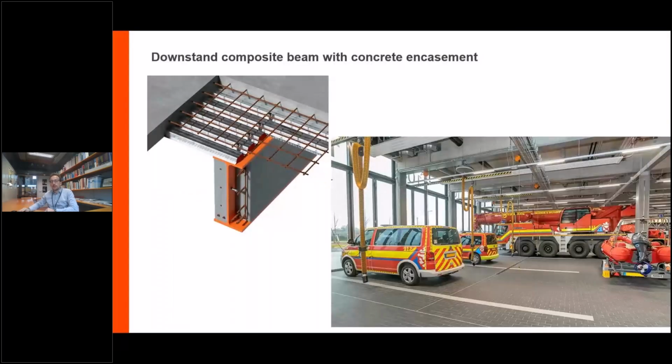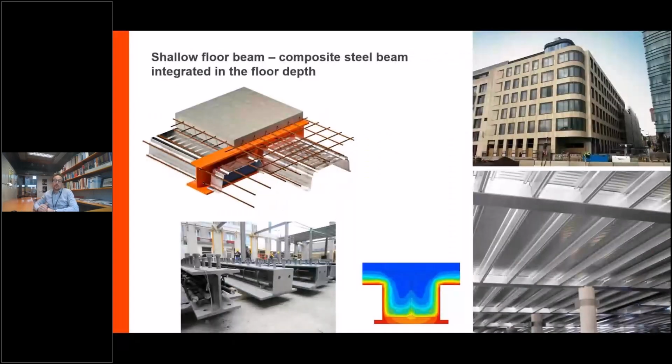This is typically used for fire safety reasons, because this concrete encasement ensures a very high fire resistance. And there is also the possibility to integrate the steel beam within the depth of the slab. These are options which will not be discussed today, but with Yael we plan to do other webinars in the future, so maybe these will be the topics that we will cover.